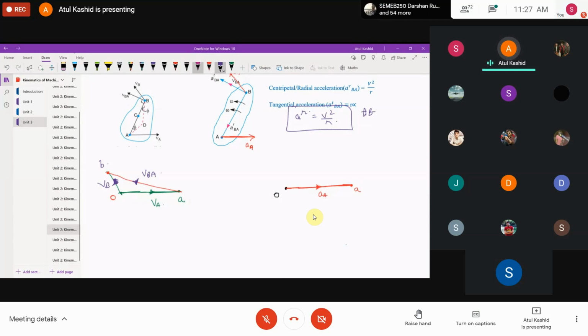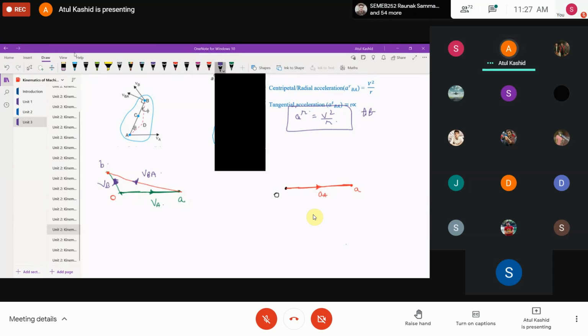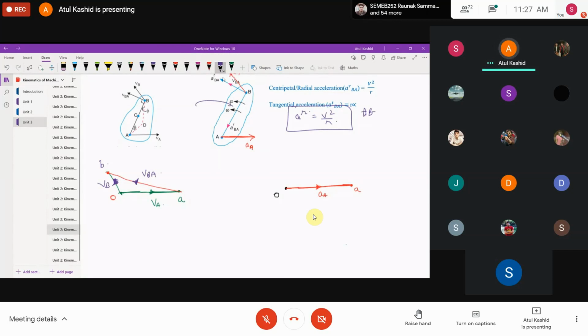So I will draw it in the diagram now. If you see in this diagram, we have a link AB over here, right? When I'm talking about the acceleration of B with respect to A, that is the radial acceleration, its direction will always be towards the point A, because I'm considering B with respect to A. That means I'm observing B from the point A. That means A will be the center of rotation for B, right?